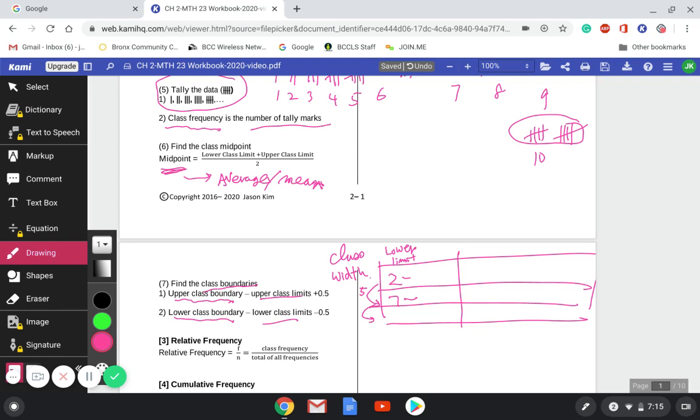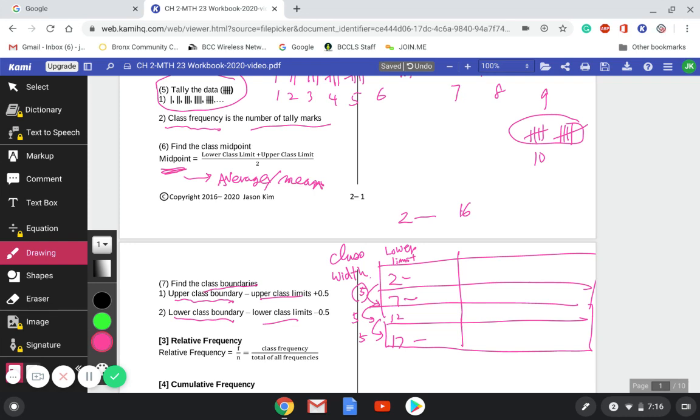And then because we set class width as 5, 7 plus 5 would be 12, sorry. And since the range was from 2 to 16, the next one was another 5. So it will be 17 and on, if there is any class.